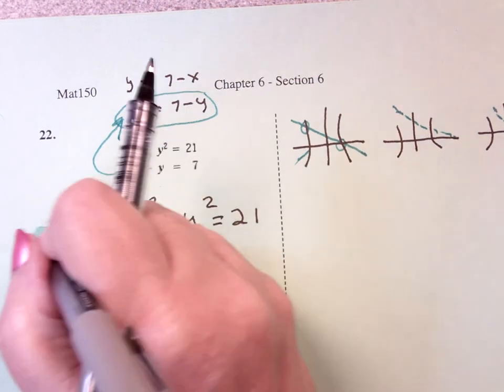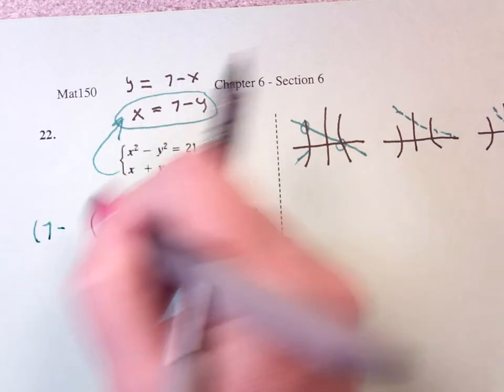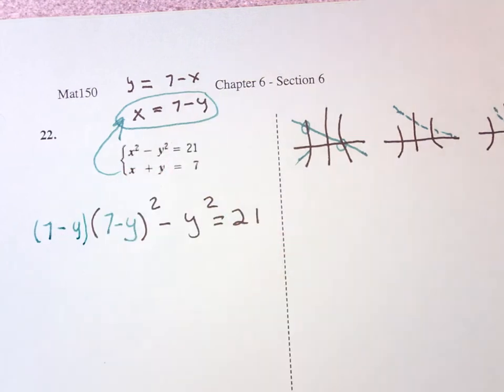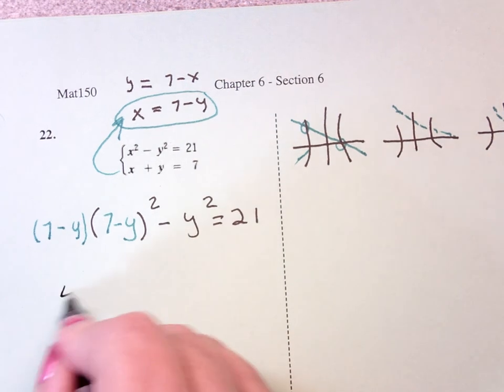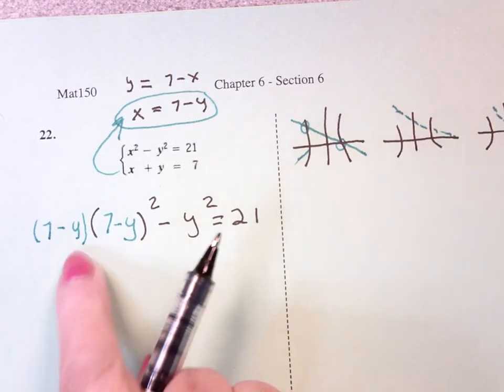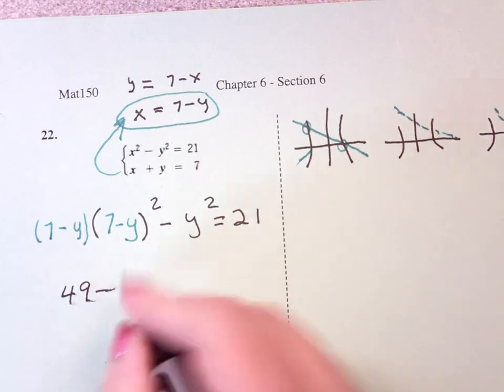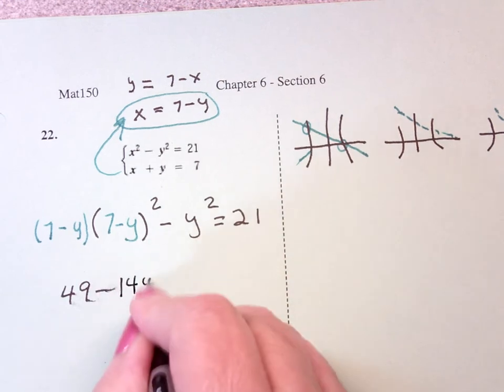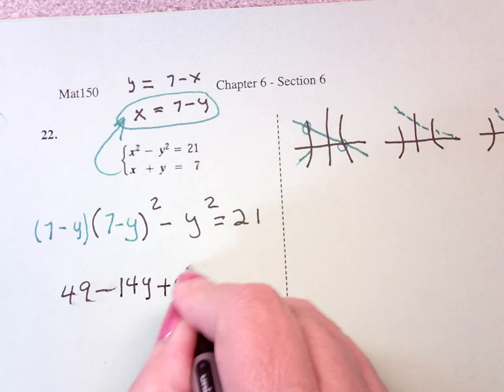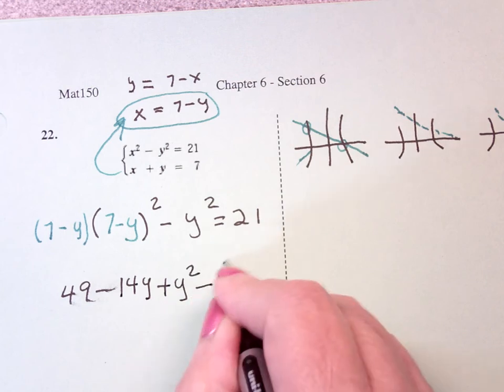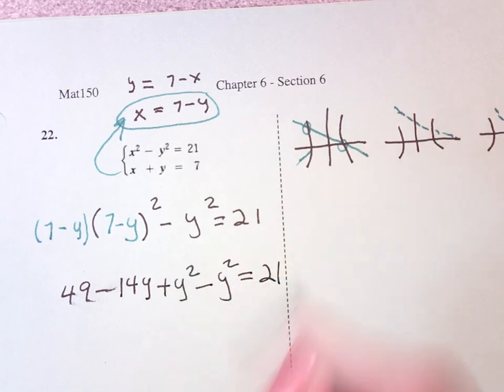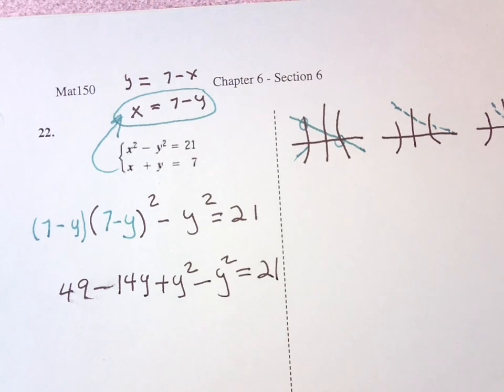If you square something, remember it is that thing times itself. It's not 49 minus y squared. It's 7 minus y times 7 minus y. So that's going to be 49 minus 7y, and another minus 7y is a minus 14y, plus y squared, minus y squared equals 21. Is that not cute?